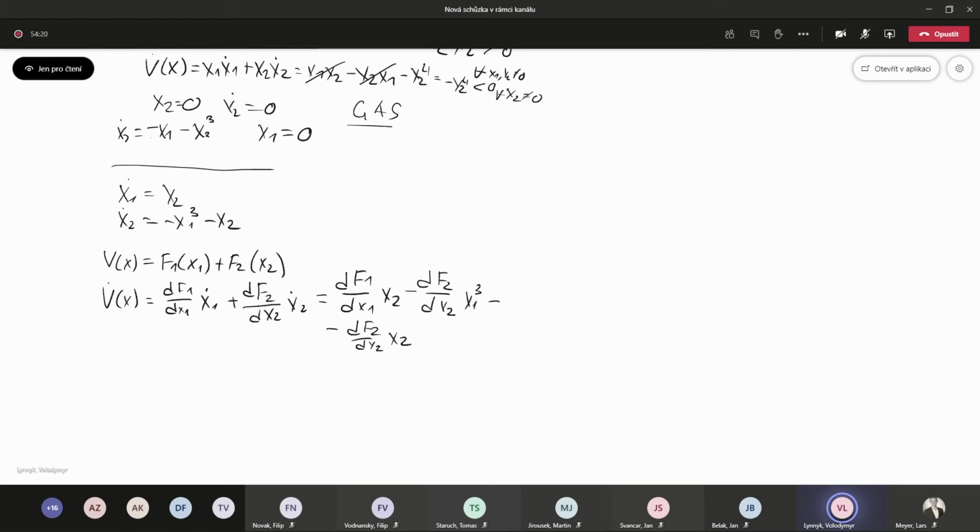What we need to do now? Any idea? We should eliminate the first two, and the df2/dx2 times x1 cubed also.